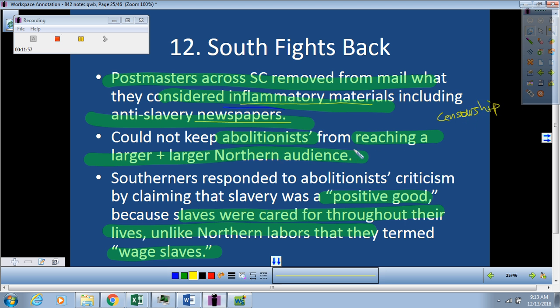But they could not keep abolitionists from reaching a larger and larger Northern audience who took no such action as removing the mail. As we learned in a previous lesson, Southerners responded to the abolitionist criticism by claiming that slavery was a positive good because slaves were better cared for throughout their lives, unlike Northern wage slaves.